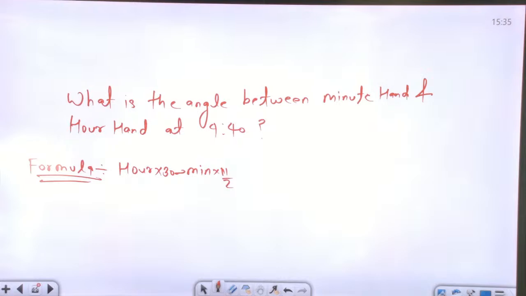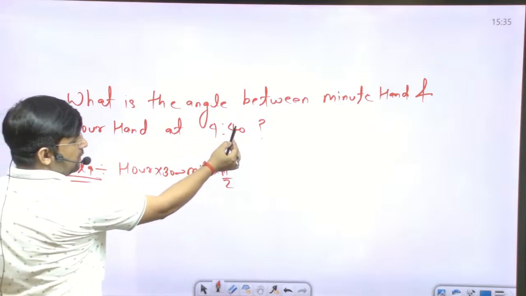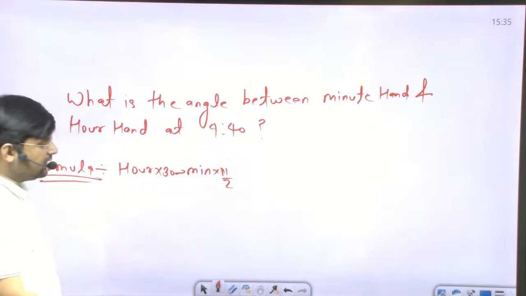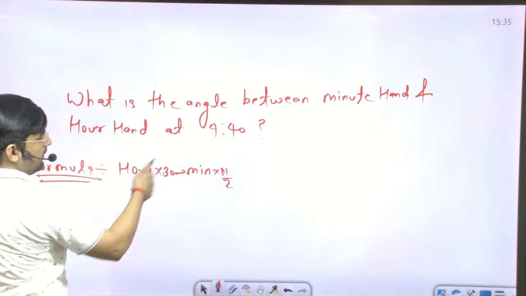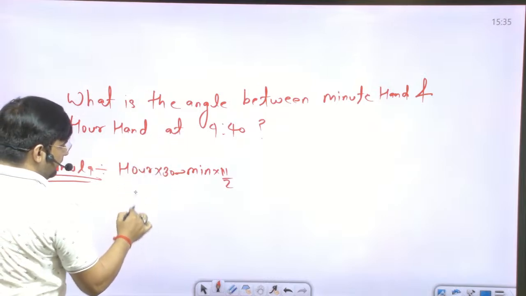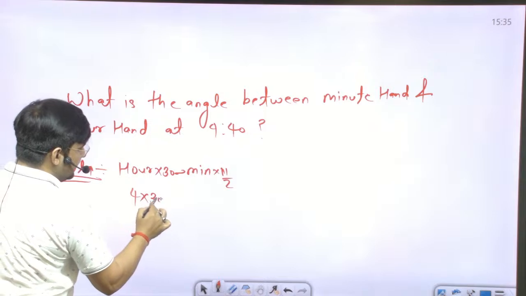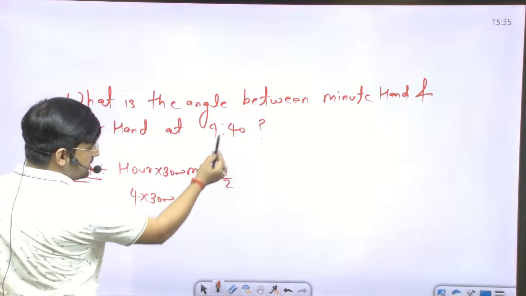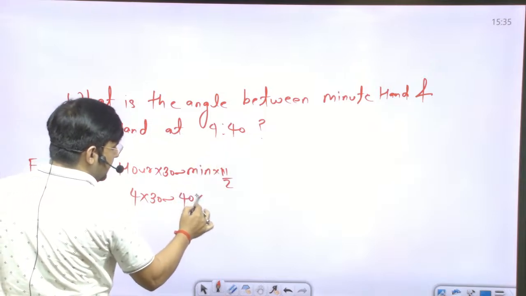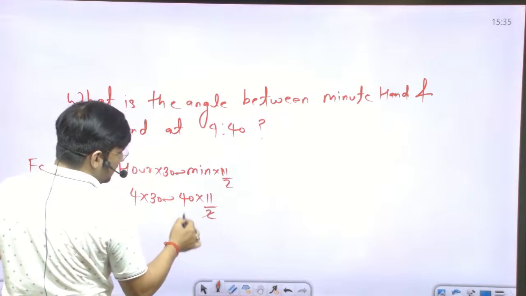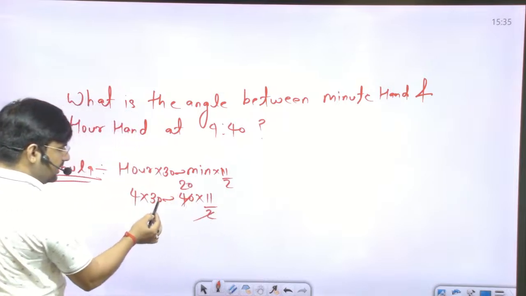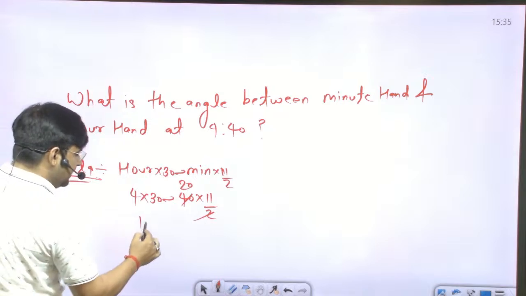What is the answer? It's 4:40. 40 is the minutes and 4 is the hour. So put the value of hour as 4. 4 into 30, difference 40 minutes. 40 into 11 upon 2, which is 220. 30 into 4 is 120.